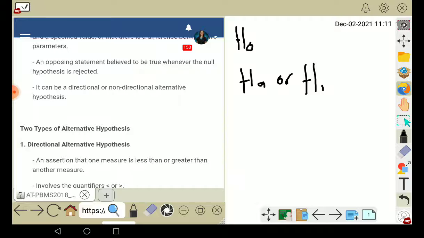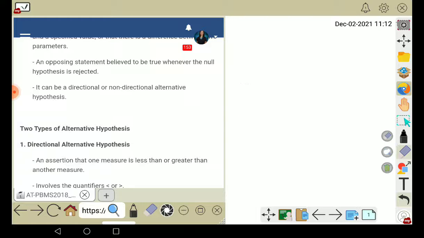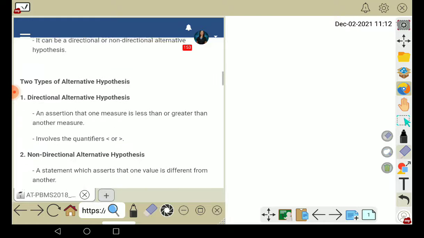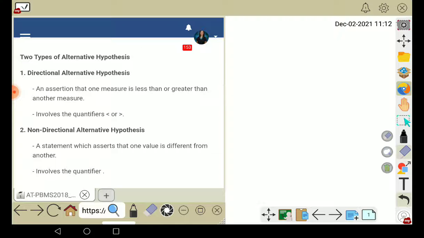Aside from that, we have two types of alternative hypothesis. This is not applicable to the null, because the null hypothesis is already the original value. The first one is the directional alternative hypothesis, and the second one is the non-directional alternative hypothesis.